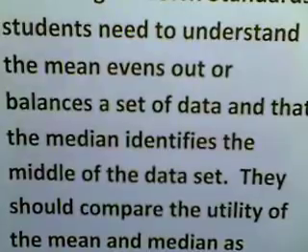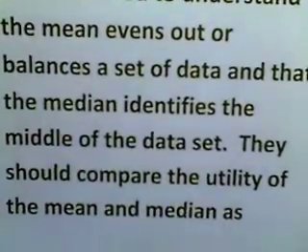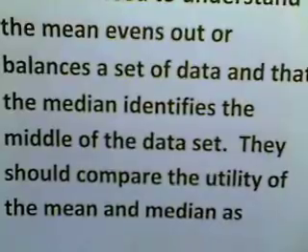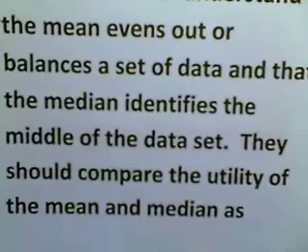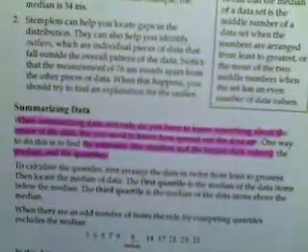And the student should be given opportunities to show the comparison of what the mean and median does to data.